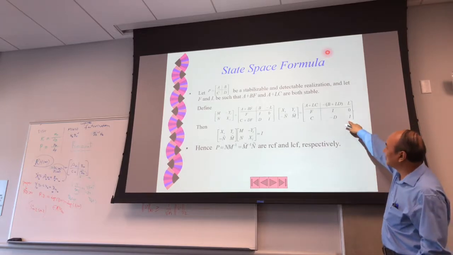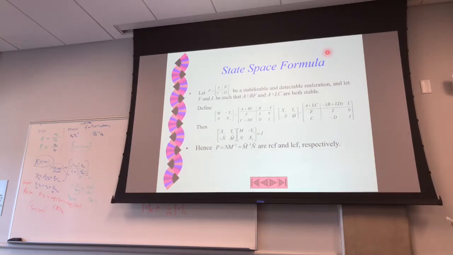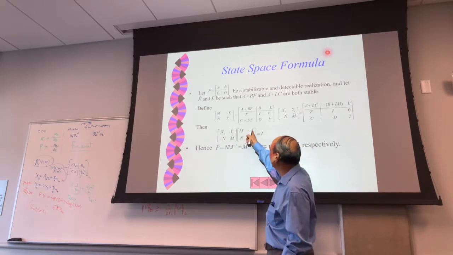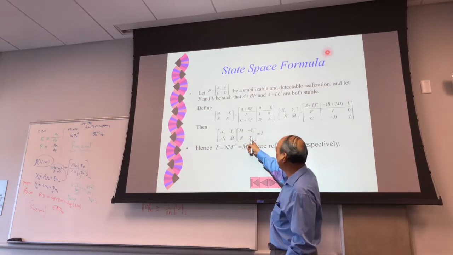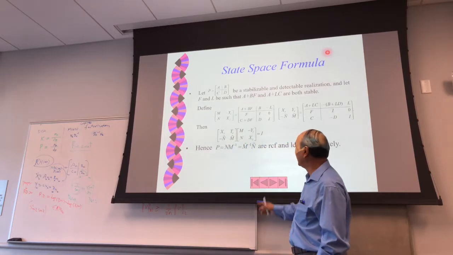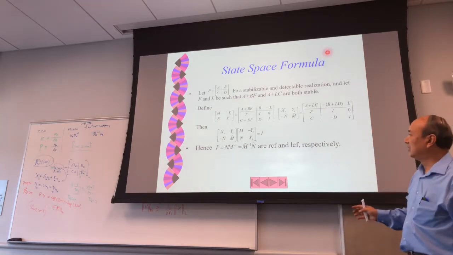The derivation is in the textbook, and people studied this extensively in the past. From left and right coprime factorization you get these identities. This is a right coprime factorization, and these come from left coprime factorization by two identities. It's very tangled.